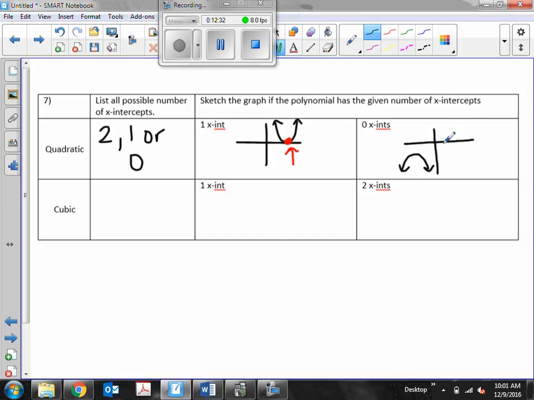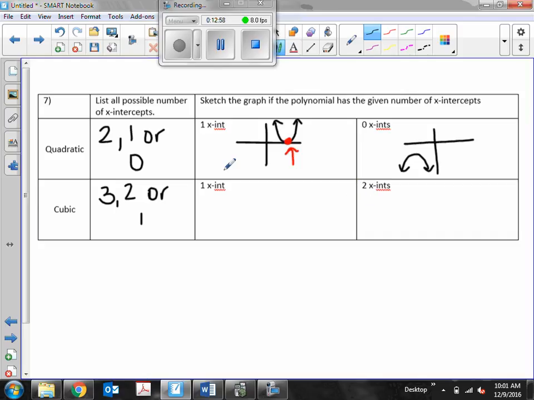Now a cubic, the possibilities of a cubic is it could have 3 x-intercepts, it could have 2 x-intercepts, or it could have 1 x-intercept. We've already looked at an example of 3 x-intercepts and 1 x-intercept, but we're just going to go ahead and review those a little bit more. And then we're going to get the 2 x-intercept drawing.